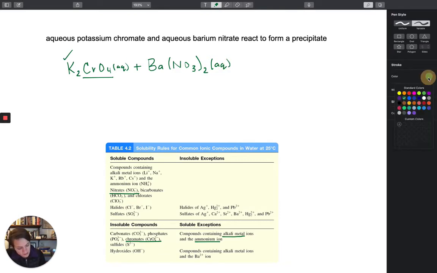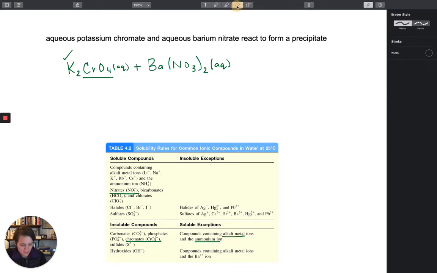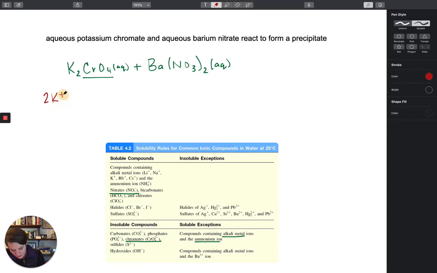What I just modeled for you is a really good approach as you're looking at these problems: first look at your anion, because that can be a helpful starting place, since that's how most of the table is set up. The exception is if you know it's an alkali. If it's a 1A, you know that it's soluble. You'll get the hang of it. Okay, so if both of those are aqueous, then we do have confirmation that yes, it's actually going to exist.